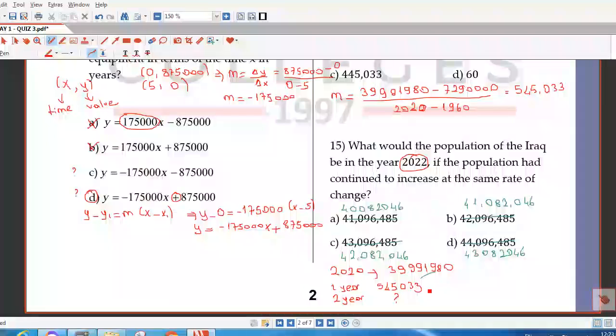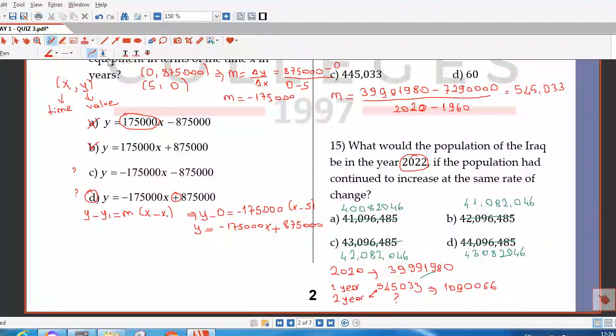So if we apply the logic of cross product, the product is going to show me what the increment in 2 years is. The multiplication will be 1,090,066.